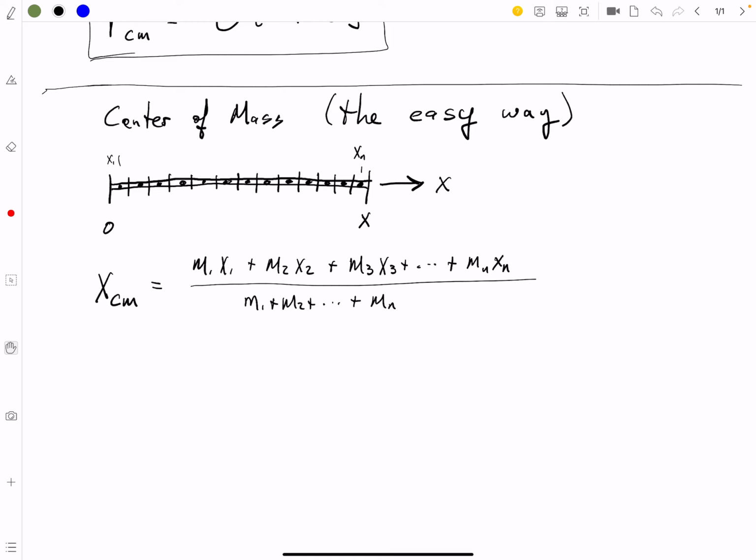But what did we just do? We just said x cm is equal to the sum from j equals 1 to n of m j x j, and we divided it by the sum from j equals 1 to n of m j. And of course the bottom is just the total mass of the object.